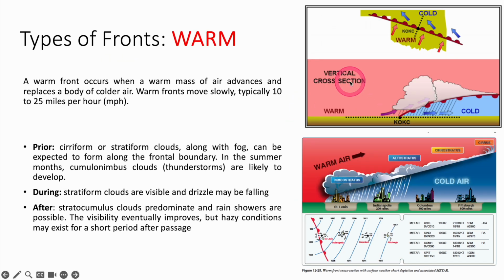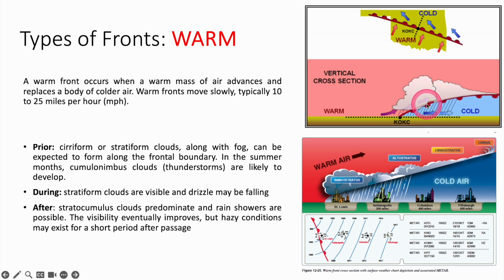Now, a warm front is the opposite. So you're going to have a slow-moving warm air mass or front that overtakes a cold one. So usually when this happens, it doesn't work in the same manner where a cold front goes underneath a warm front. The warm air mass kind of rolls on top of it. So as it does that, you could still get precipitation.